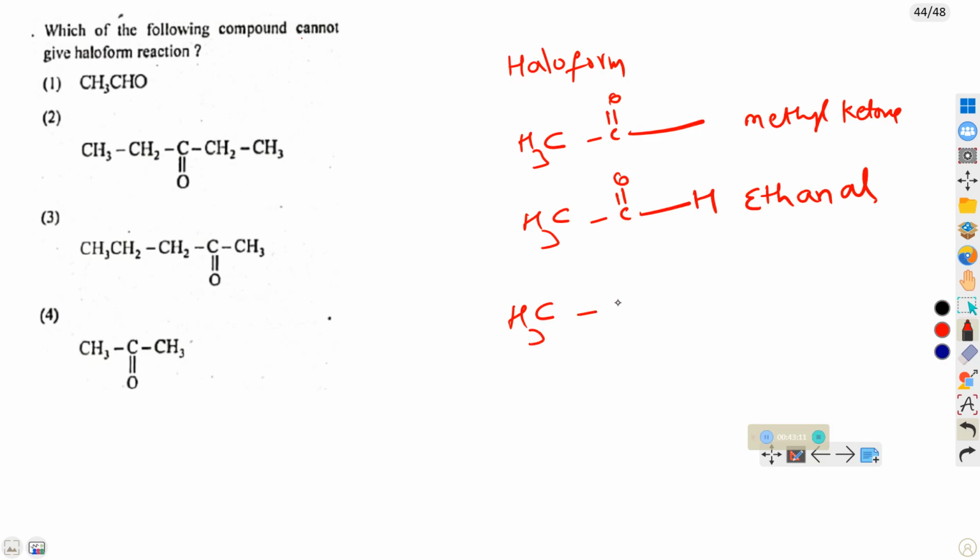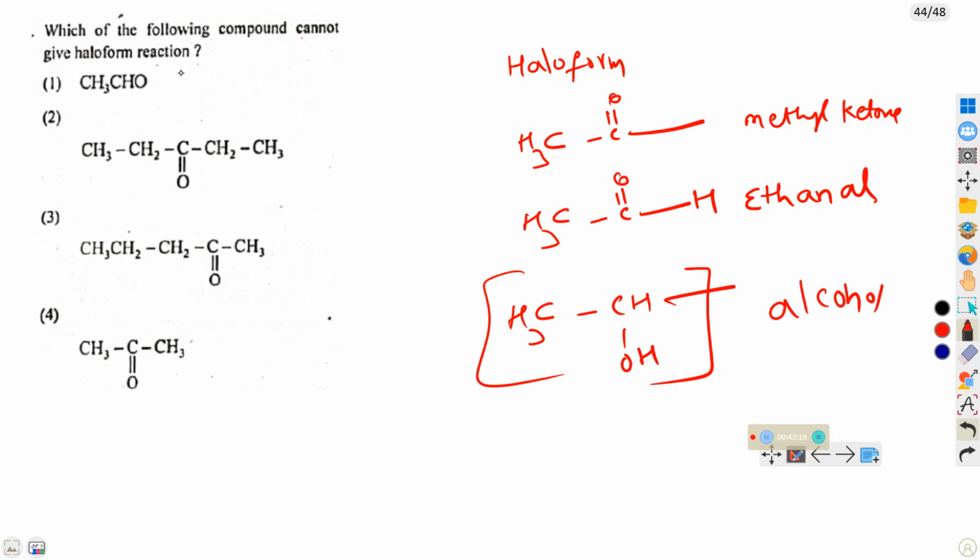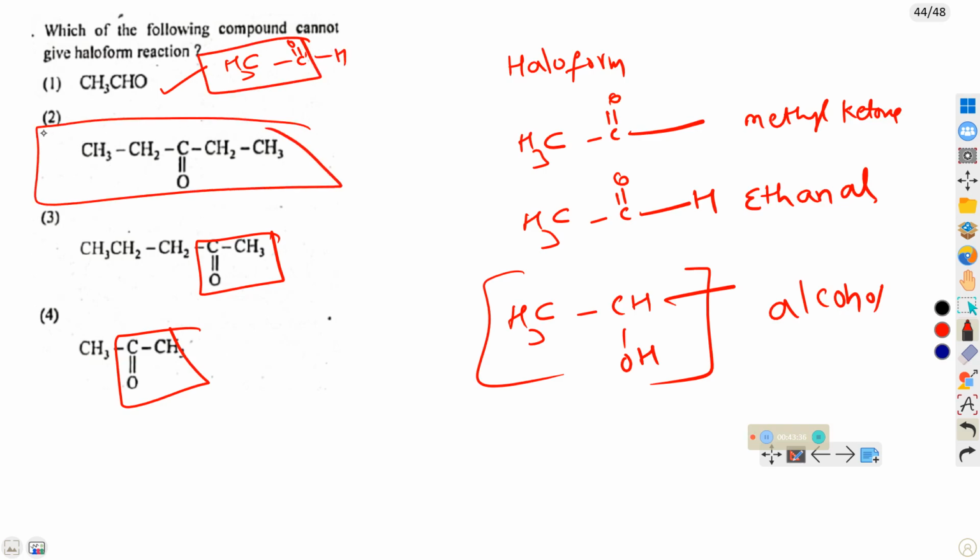Alcohol with general formula CH3CHOH also give positive haloform test. This is ethanol. CH3C double bond O group is present. Here also you can check it, CH3C double bond OH. So which does not give? It does not give. Second option.